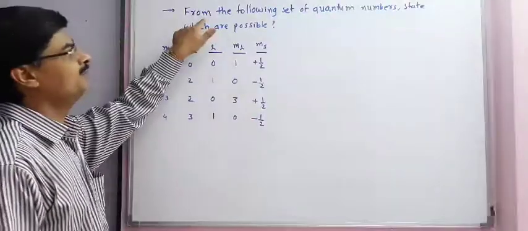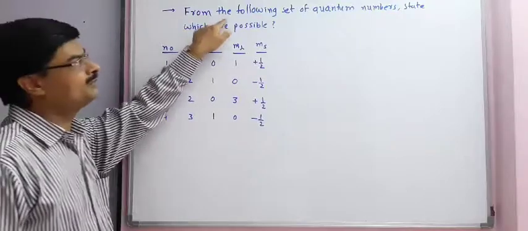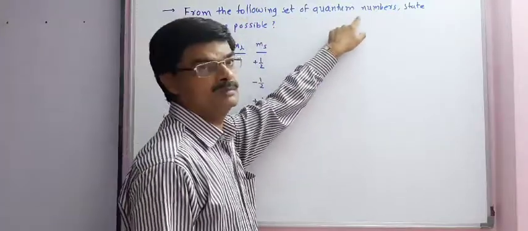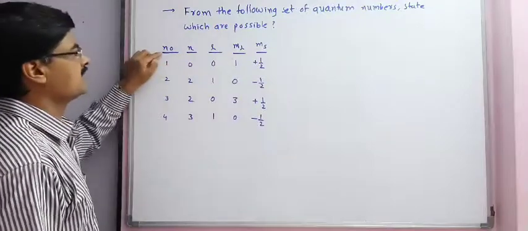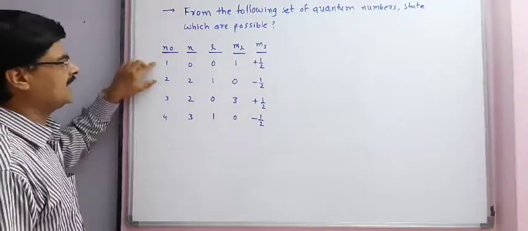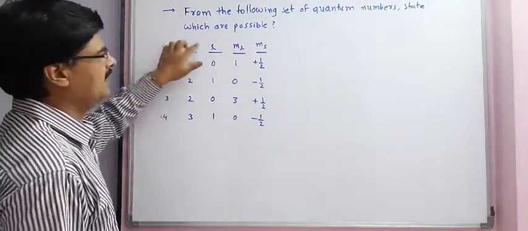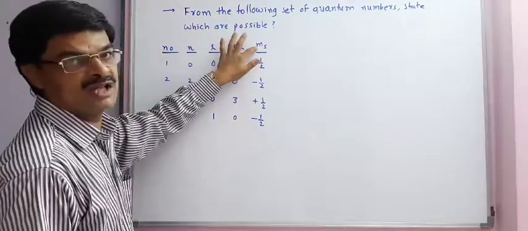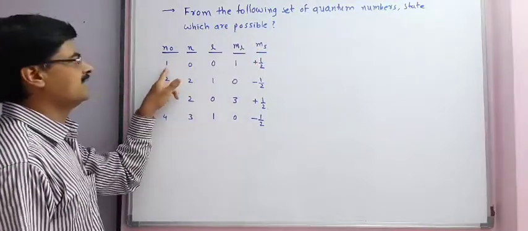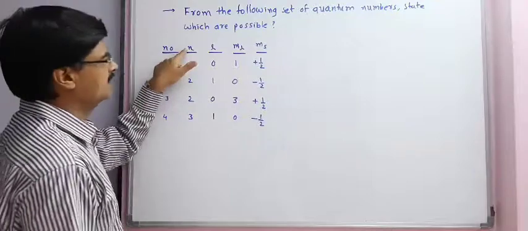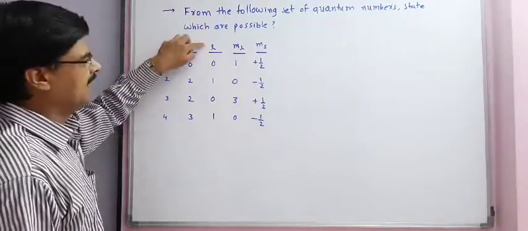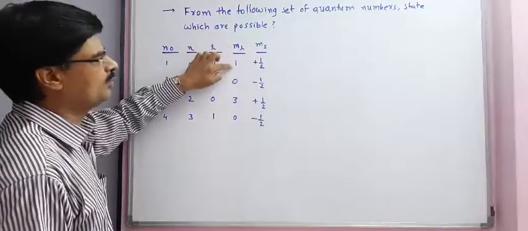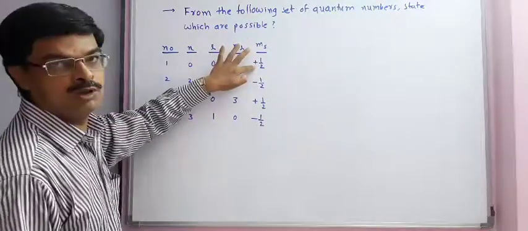In this problem, it is given that from the following sets of quantum numbers, state which are possible. First we understand that a total of 4 sets are given, in which n, l, ml and ms values are given. For set number 1, the principal quantum number n is equal to 0, l is equal to 0, ml is equal to 1 and ms is equal to plus half.